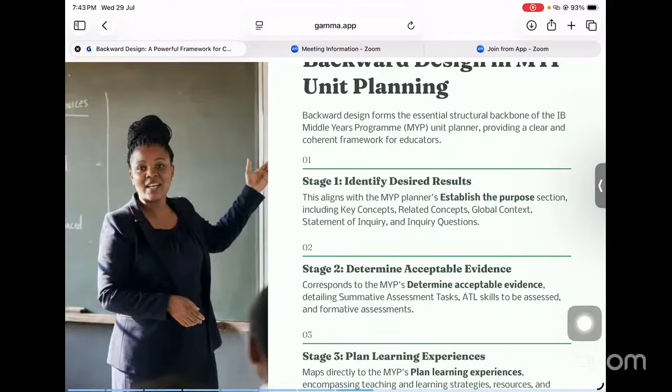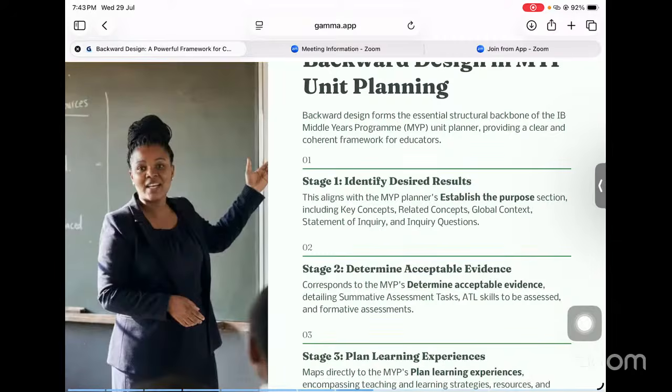Then think about what assessment you want to do. What summative assessment would you want to give? If this is the content or the concept that I want to teach my students, then what will be the summative assessment that I'm going to take? Once I know that, because they have to have a relationship, I will look at what my key concept will be, what my related concept will be, and what my global context will be.